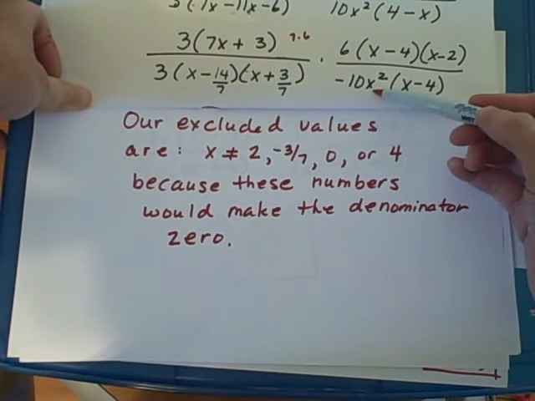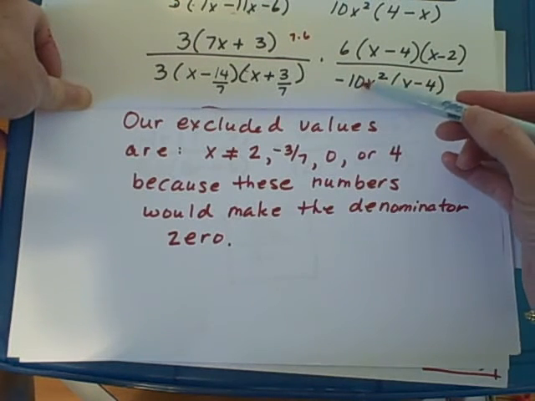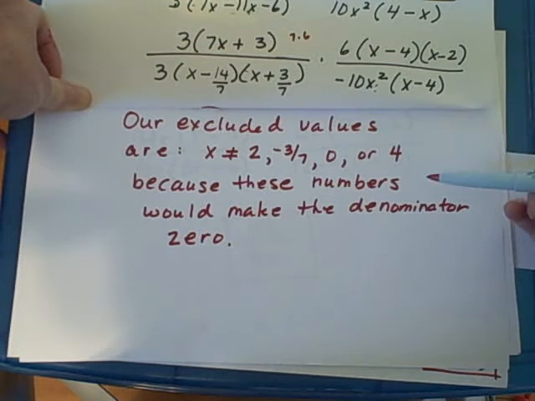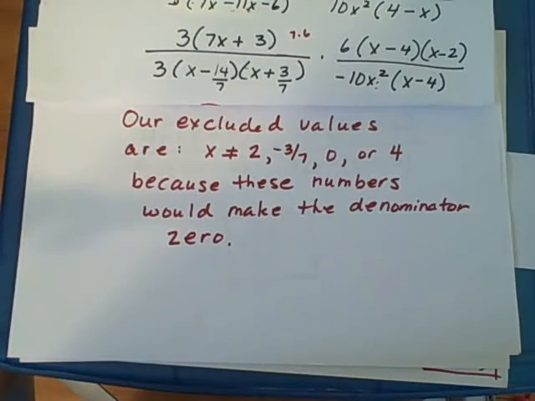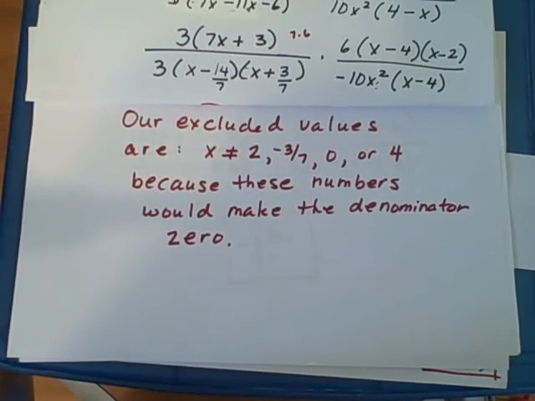We can't use 0 because if I put a 0 in here, then that would make my denominator 0. And we cannot use 4 because 4 would also. So our excluded values are x cannot equal 2, negative 3/7, 0, or 4, because all of these numbers would make the denominator 0.